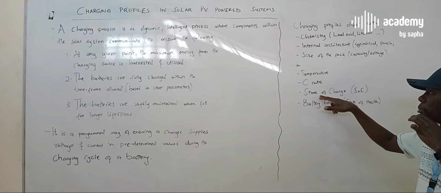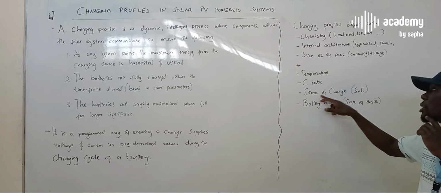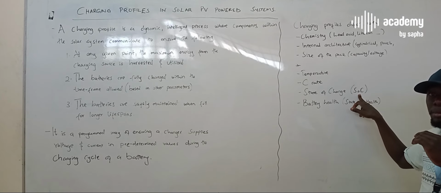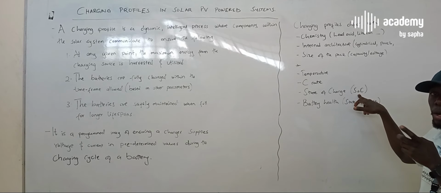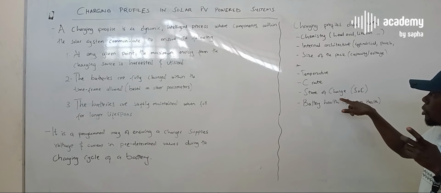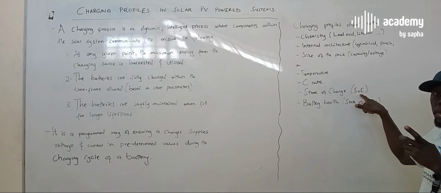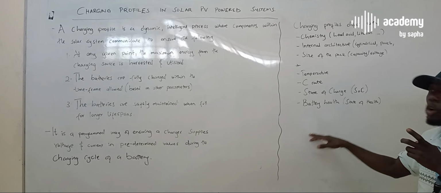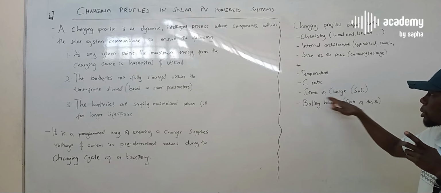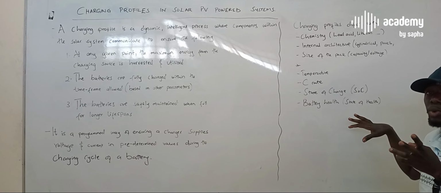This battery could be displaying 14.2 volts, but the state of charge is as little as 60%. So if the inverter or the charge controller is not capable of determining the difference between the voltage level and the state of charge, it might stop charging. So we shall also expound on this further for students to understand.